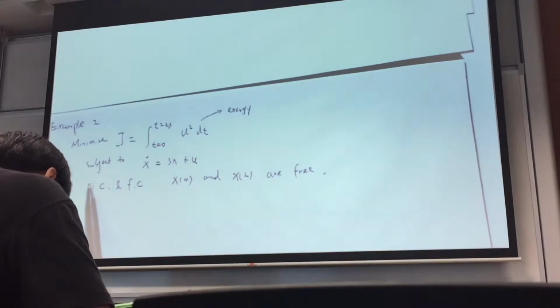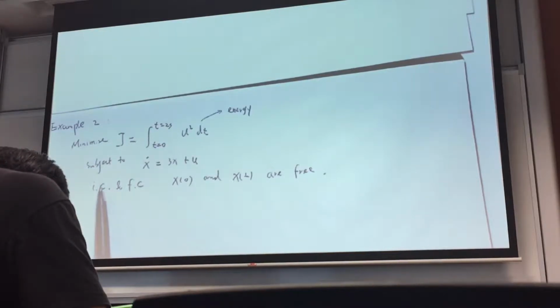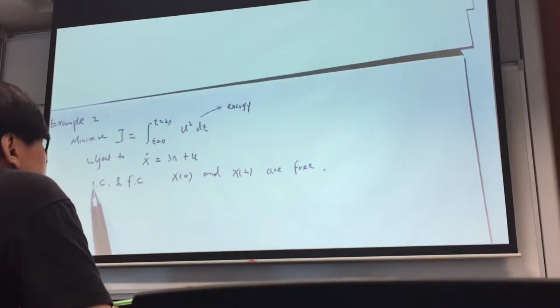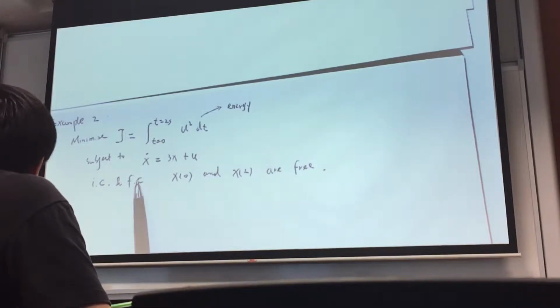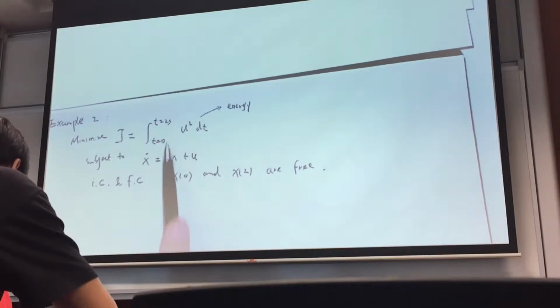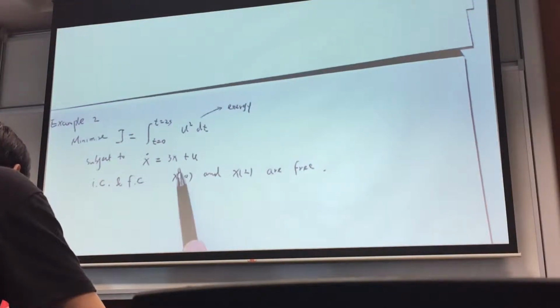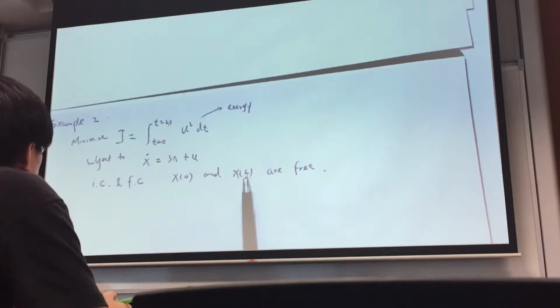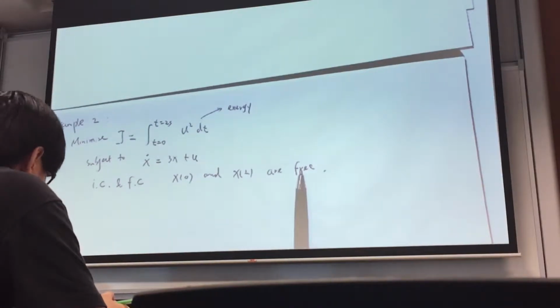It is more interesting to check the initial condition and final condition. The initial position of the vehicle at t equals 0 and the final position of the vehicle at t equals 2 are free.